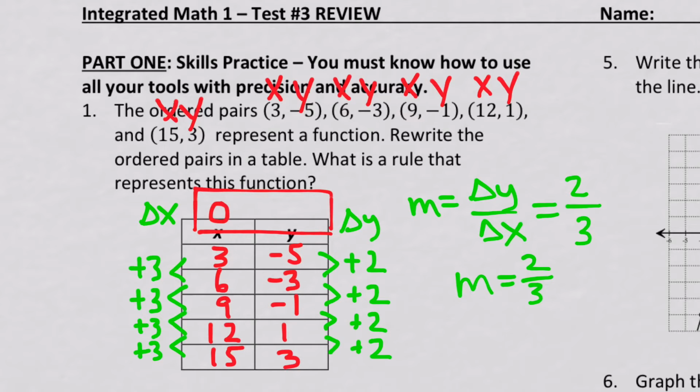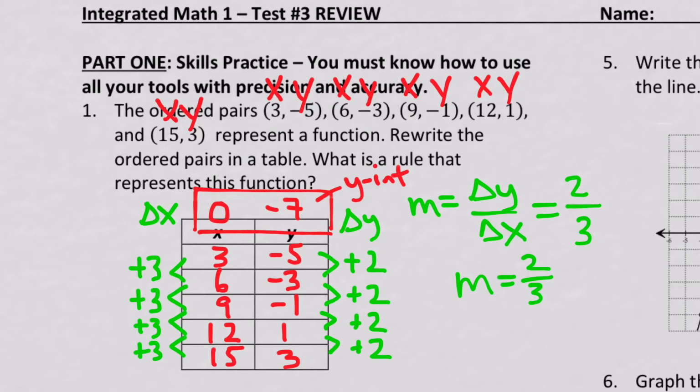Using that same logic, if I look at my y's, if the pattern is to go +2 going down, the pattern to go backwards would be -2. So the question then becomes, what's -5 minus 2? -5 minus 2 will give me -7. This is my y-intercept.